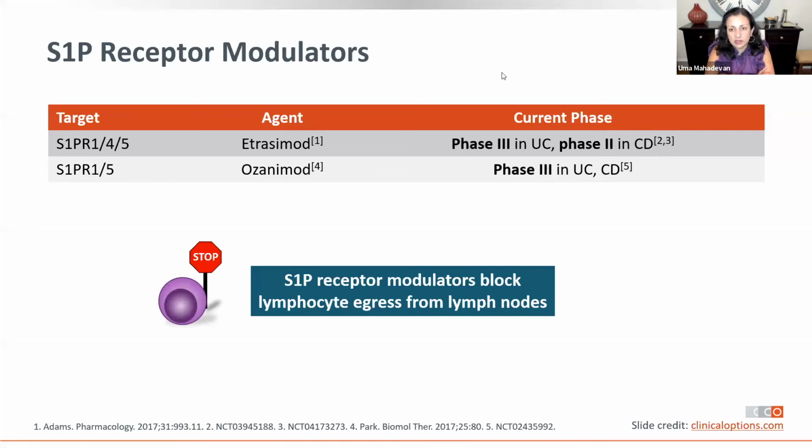So you should see this approved over the next 12 to 18 months. This is an oral agent. It does have some side effects, and part of the monitoring program is needing an EKG, eye exam, etc. But it does have efficacy. It does seem to be very well tolerated in ulcerative colitis.